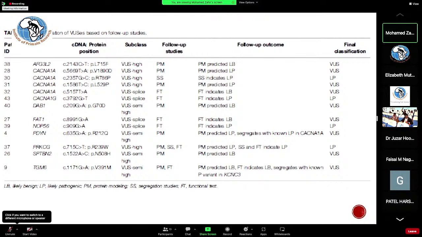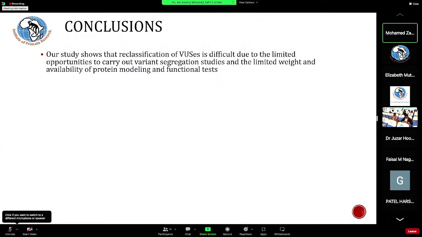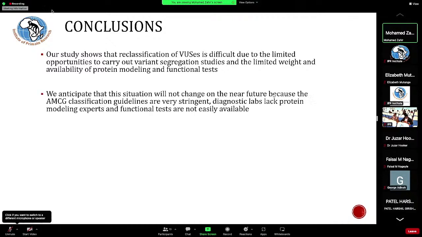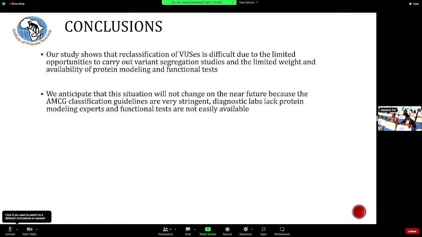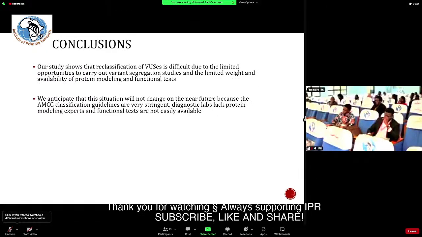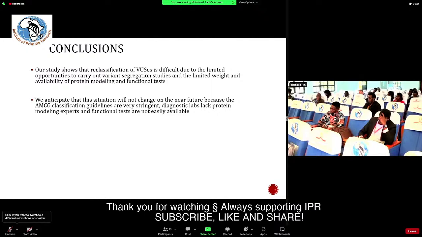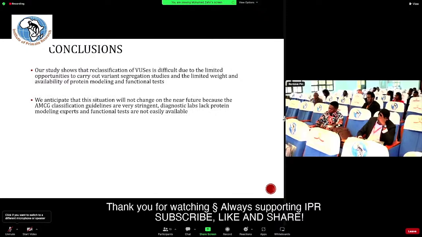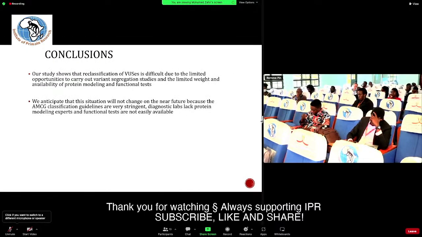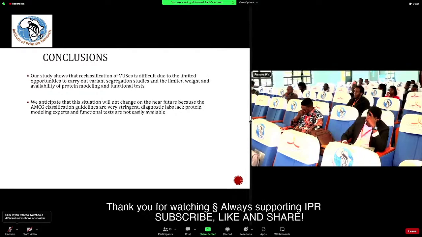And so to conclude, I want to tell you that our study showed that reclassification of variants of unknown significance is certainly very difficult due to the limited opportunities to carry out variant segregation studies. As you can see in our study, only for 2 variants were we able to find a segregation with a family member. And obviously, the limited weight and availability of protein modeling and functional tests can also be a bottleneck.